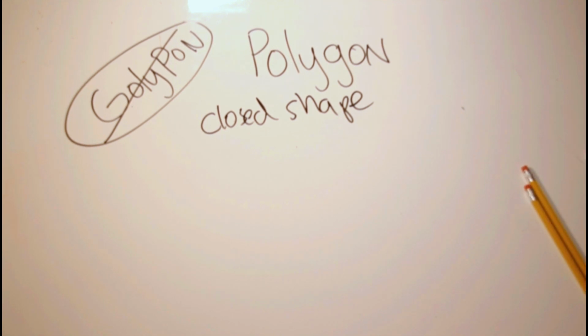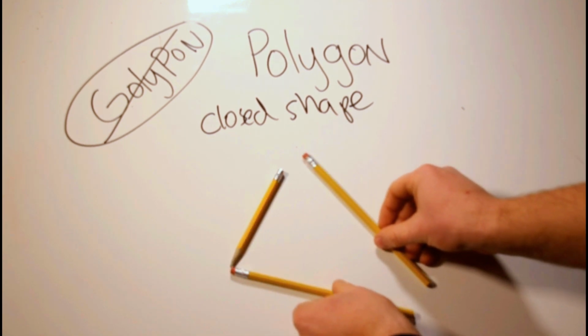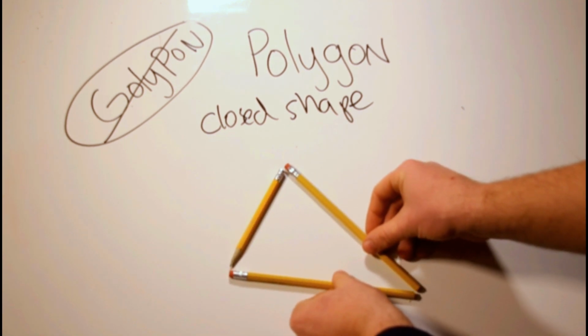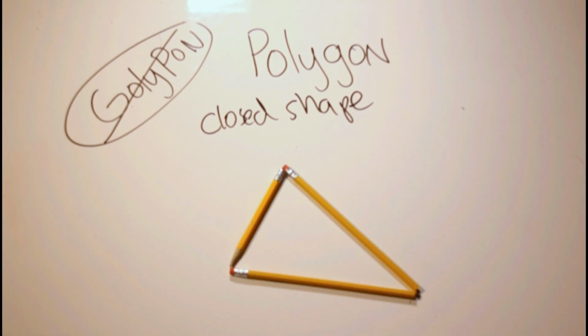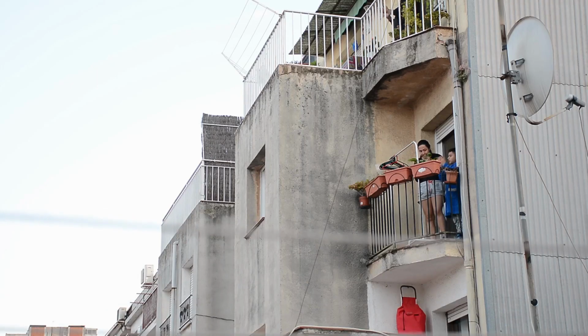So we could have a triangle that has one side that's different. So let's put these together end to end. Now every single one of these ends are called what? Vertex. Correct.